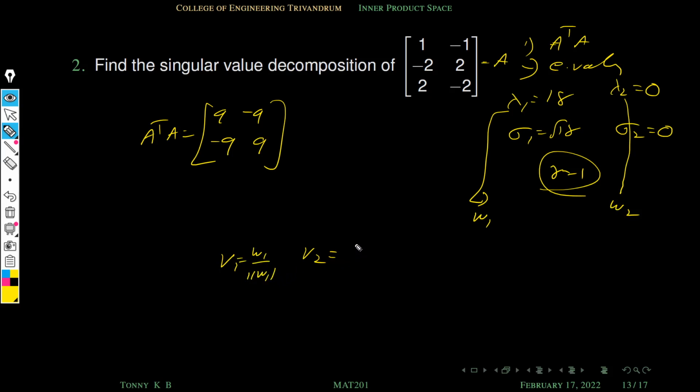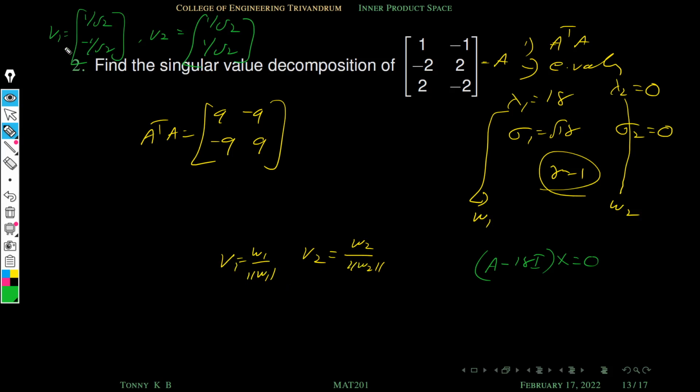Similarly, V2 is equal to W2 by norm of W2. To find this W1, you have to solve (A transpose A minus 18I) x equal to 0. By solving this equation, you find all the eigenvectors corresponding to 18. Then pick any one of them. That's all. That is our W1. Then you can create V1. Similarly, V2.